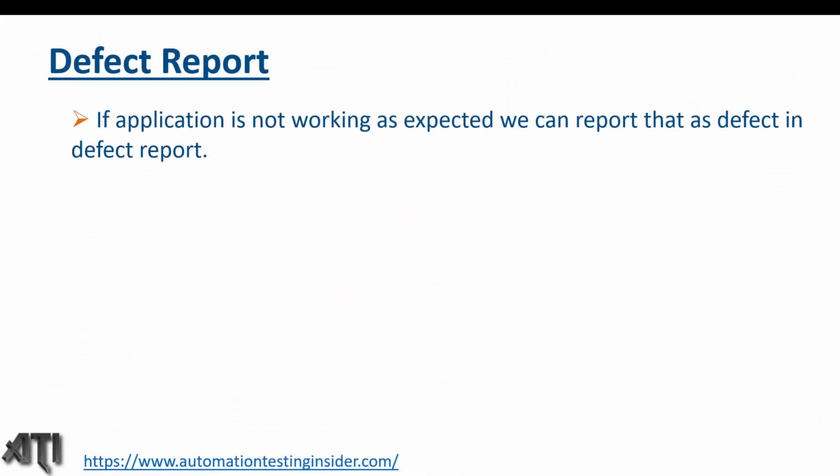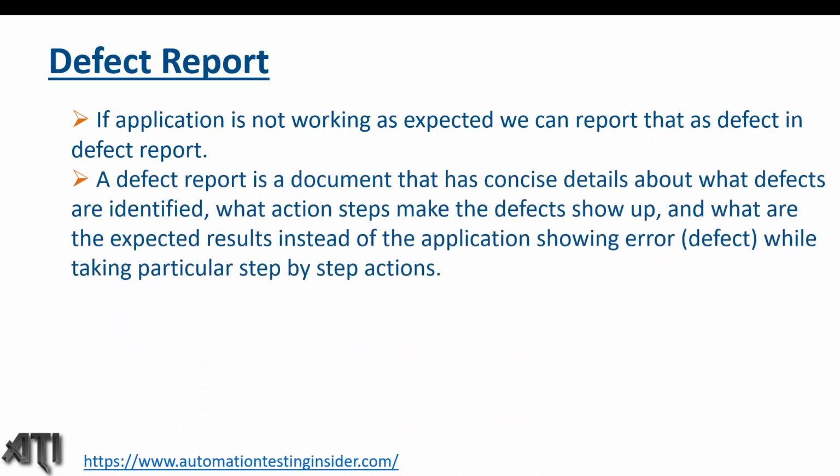First, let's recap what we have discussed so far. If the application is not working as expected, we can report that as a defect in the defect report. And what is a defect report? A defect report is a document that has concise details about the defects identified: what action steps make the defect show up, like reproducible steps, and what the expected results are instead of the application showing an error while taking particular step-by-step actions.